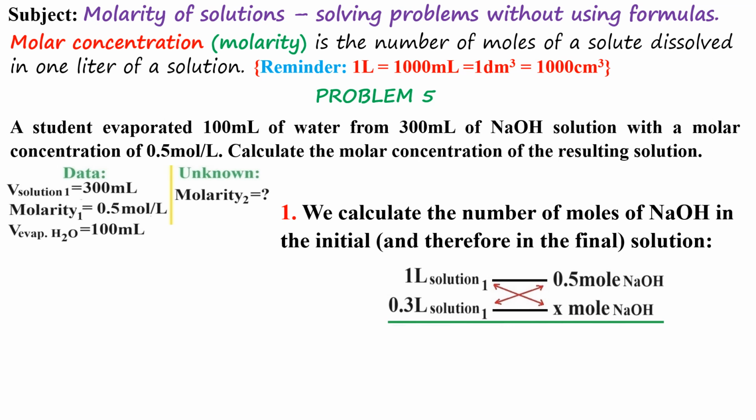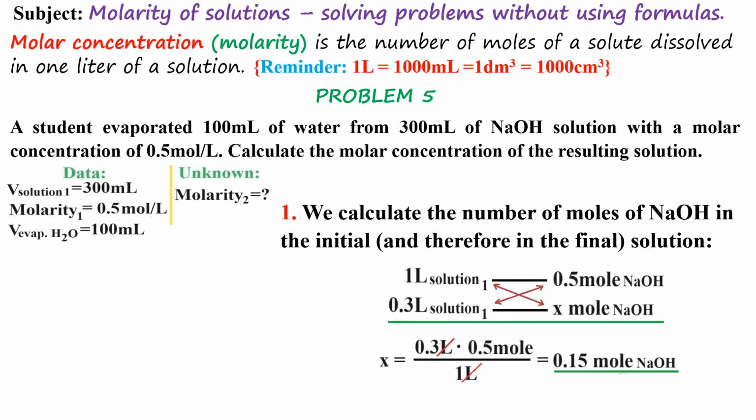So 0.3 liter of solution contains X moles of sodium hydroxide. You can see that the liters cancel out here and we get the result in moles. So X equals 0.15 moles of sodium hydroxide.